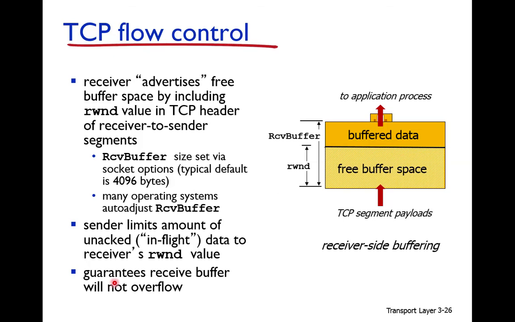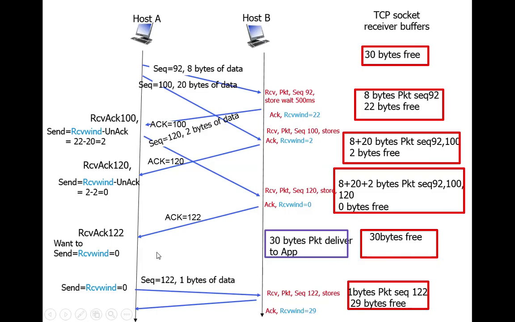Many operating systems can also auto-adjust the receive buffer space. The sender limits the amount of unacknowledged data to the receiver's receive window. What does it mean? When the sender receives the receive window, the unacknowledged bytes are subtracted from the receive window, and the sender can send that amount of data.